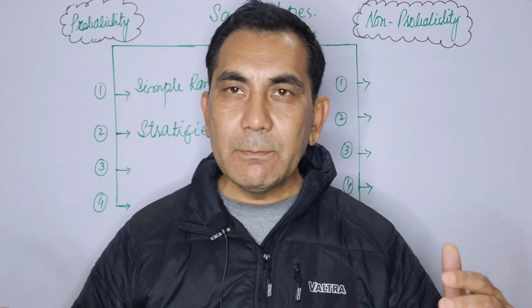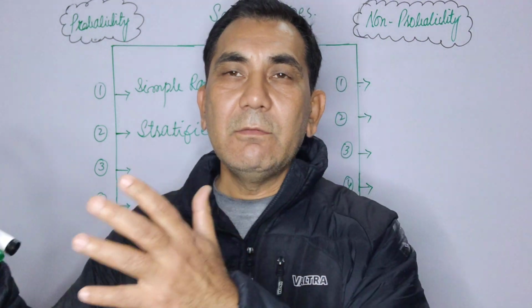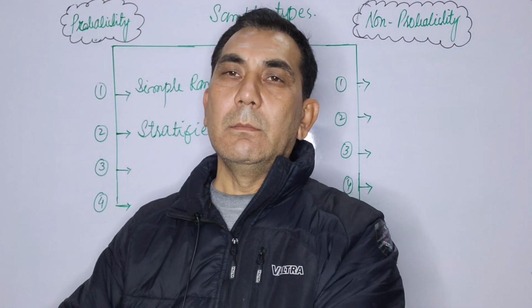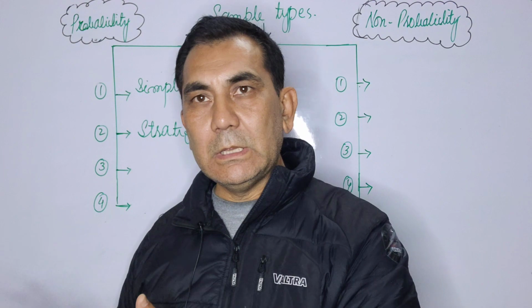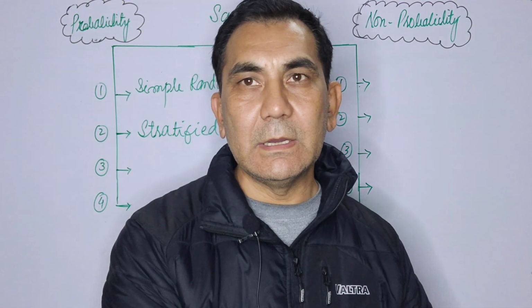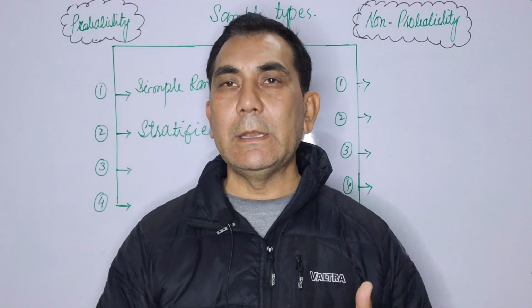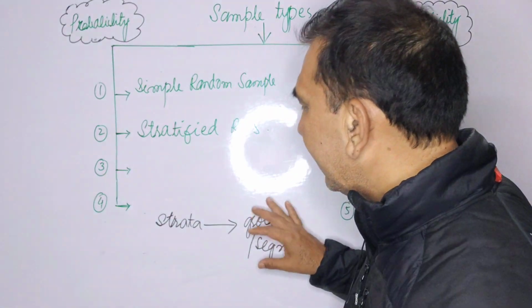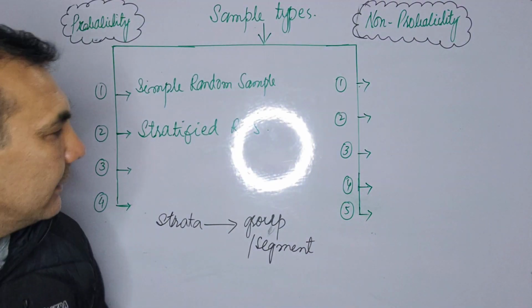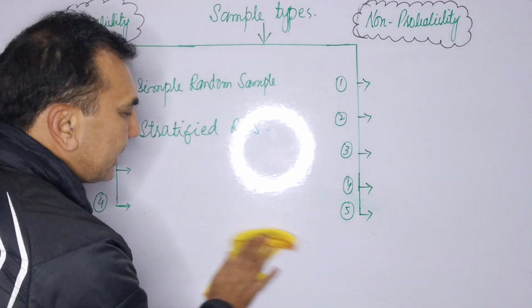Then he will randomly select 50 from the rural area and 50 from the urban area. So this method is called stratified random sampling.